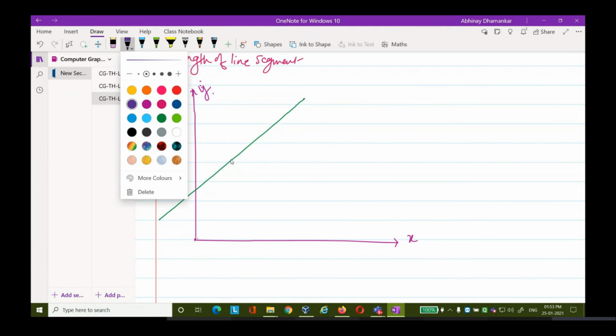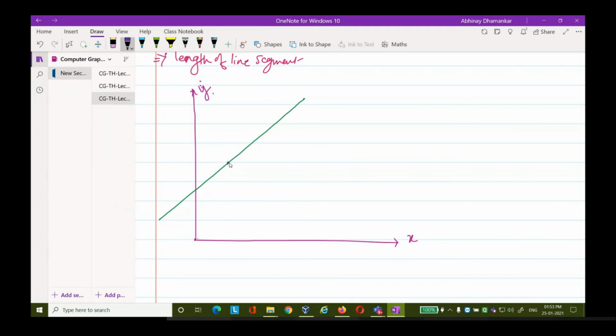Let's say this is one point and this is another point. Let's say this is x1 y1 and this is x2 y2.